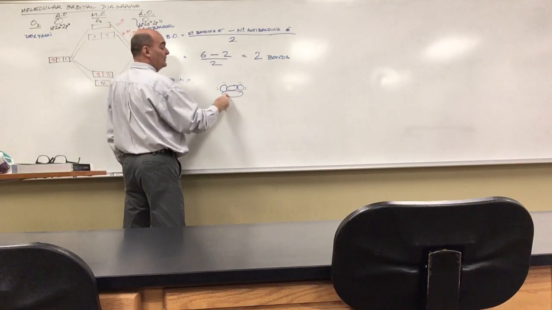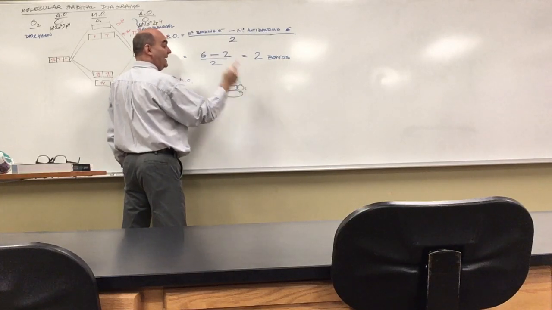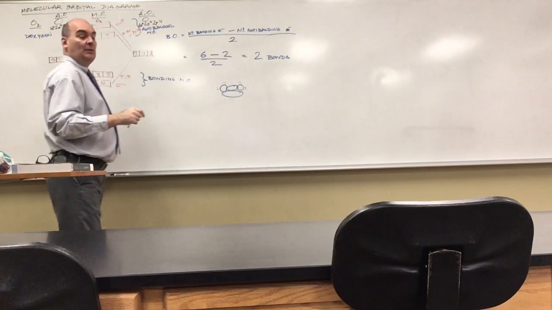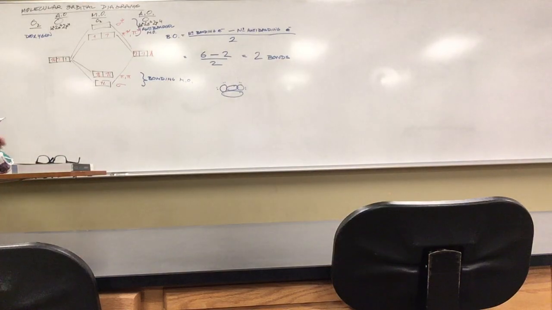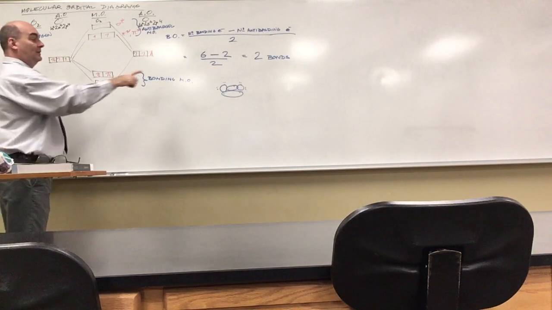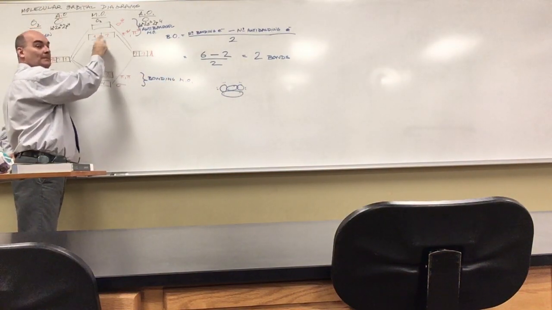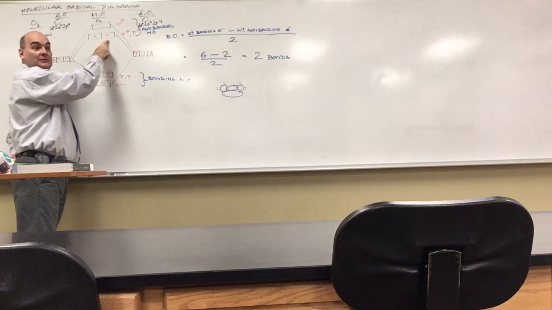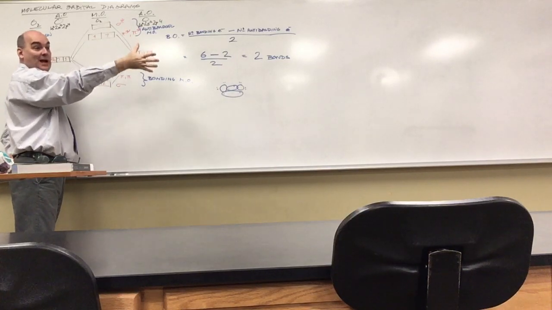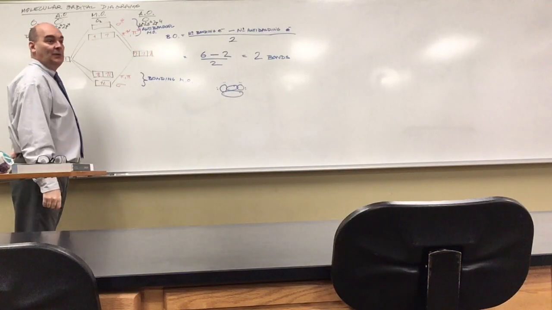Oxygen on the right has 1, 2, 3, 4, 5, 6, 7, 8 electrons. That's what our Lewis structure predicted. It's supposed to have 2 bonds between those 2 oxygens. But what the Lewis structure didn't predict was the unpaired electrons that gave us the paramagnetism that we discussed last week.